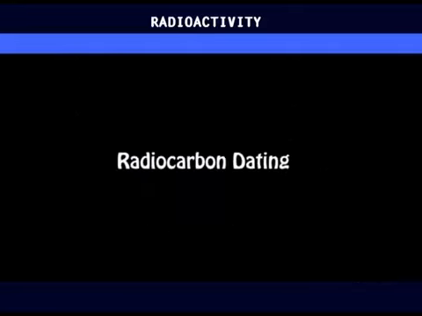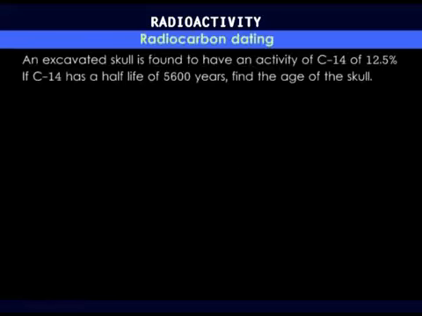Now, this technique is used in radiocarbon dating using carbon-14 to estimate the age of fossils. For example, an excavated skull is found to have the activity of carbon-14 of 12.5%. If carbon-14 has a half-life of 5,600 years, find the age of the skull.